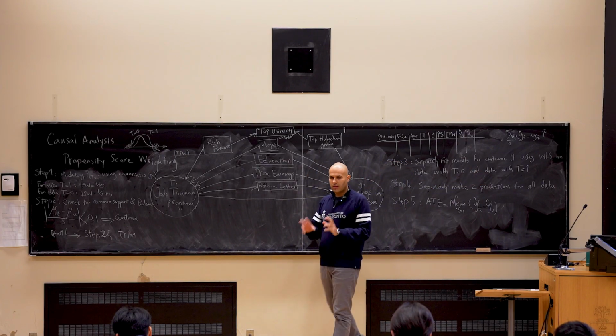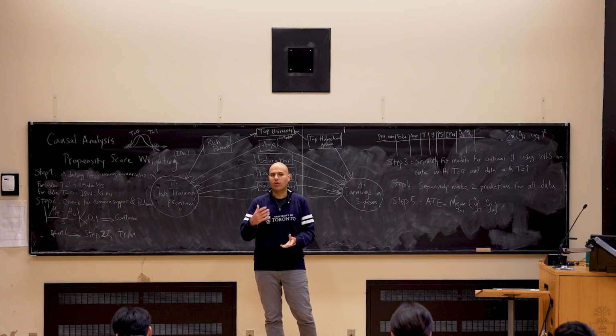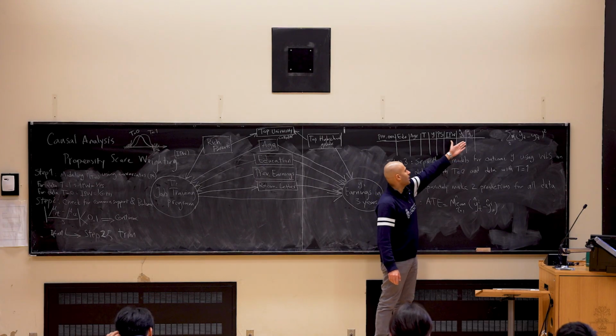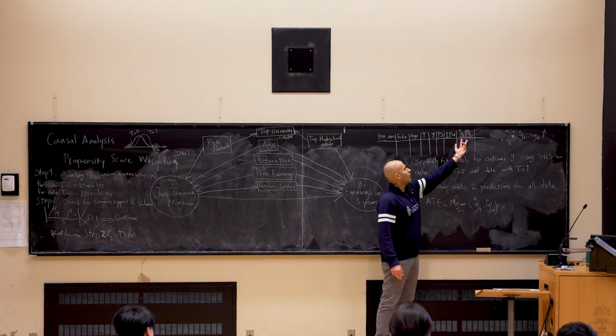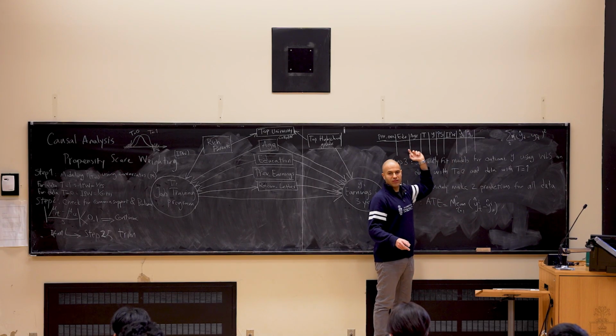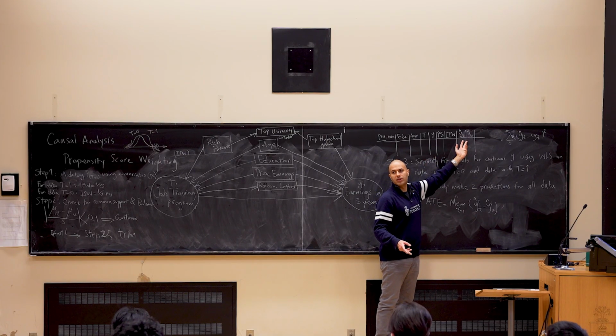Now we have 2 models, and using each of them, I can make a prediction for every single individual. So I make n predictions here, and I make n predictions here. And the difference between these 2 columns for the first row tells me how much the salary of this first person would change based on their participation.